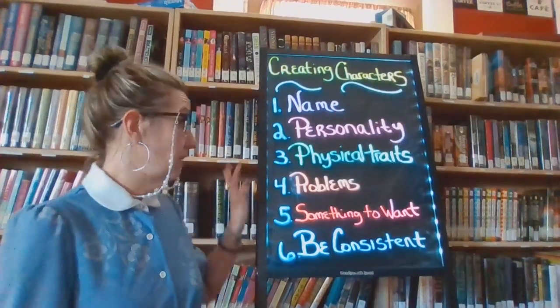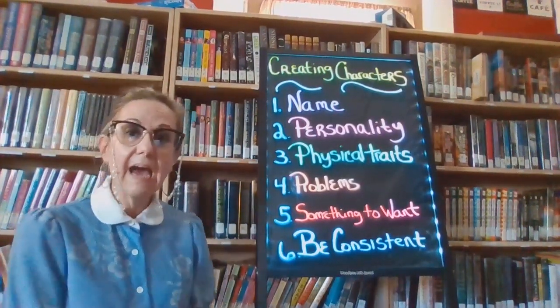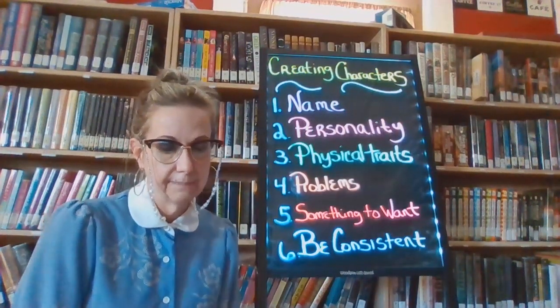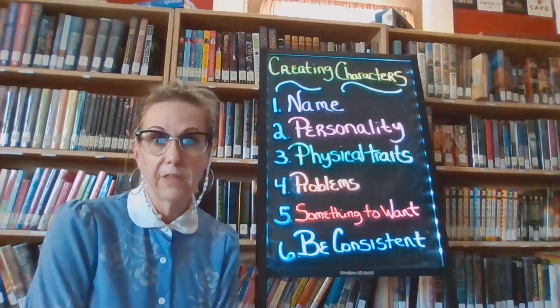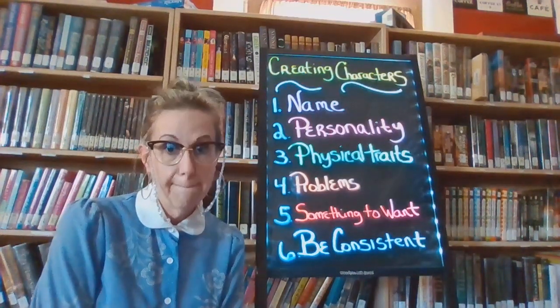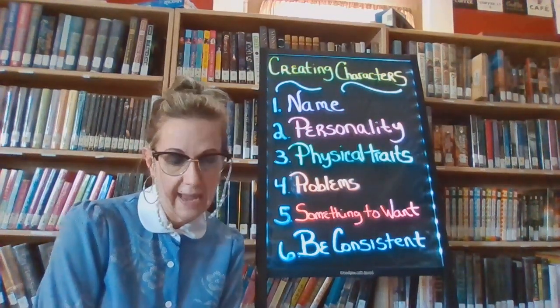Next, we want to give them physical traits. That helps your reader see your character. So you can determine, are they going to be tall? Are they going to be short? Maybe they have blonde hair or blue hair.